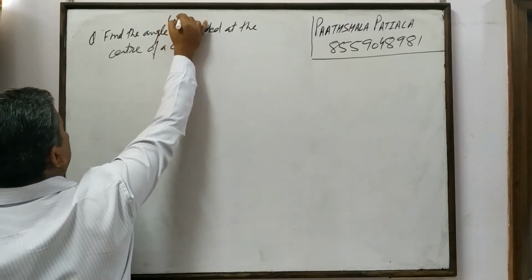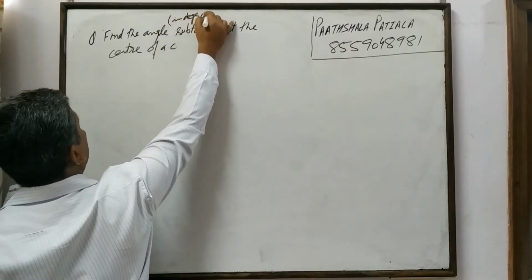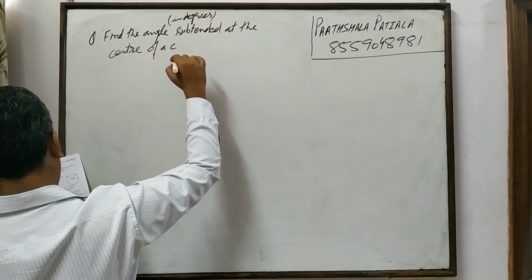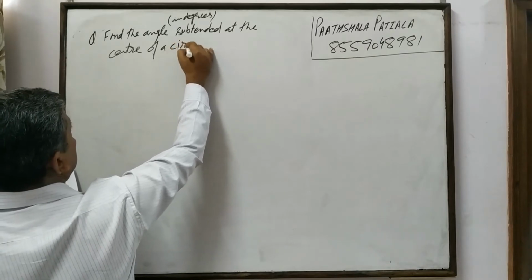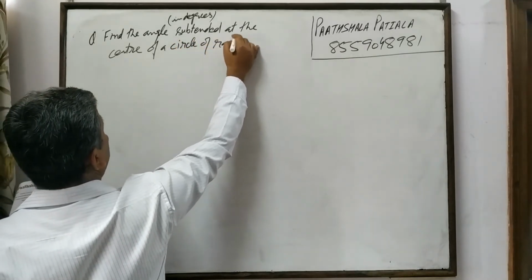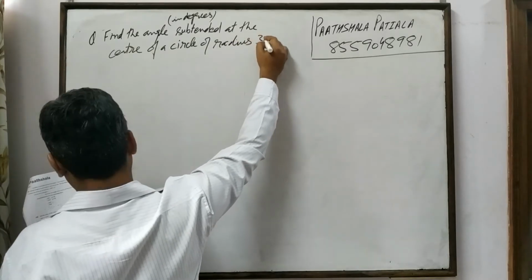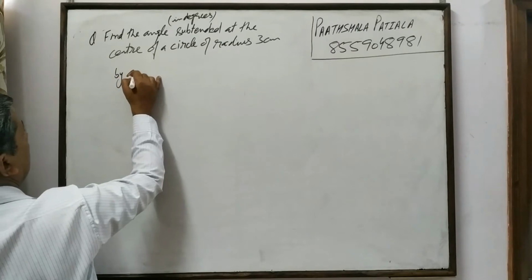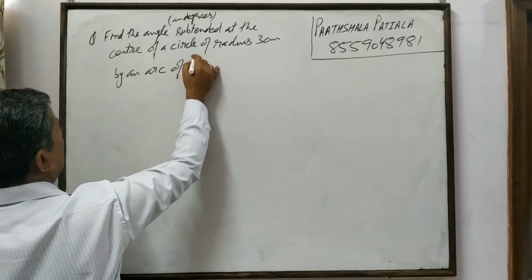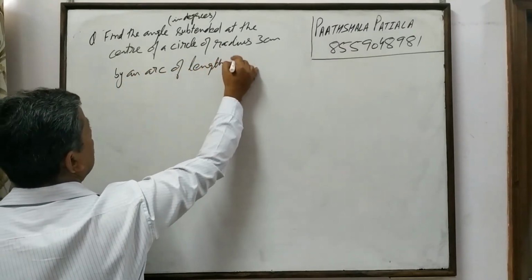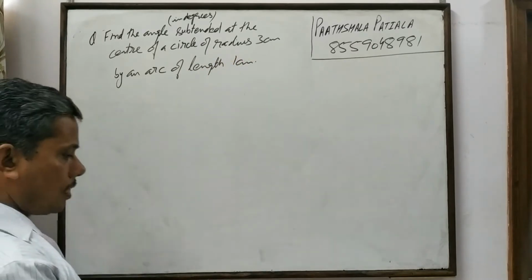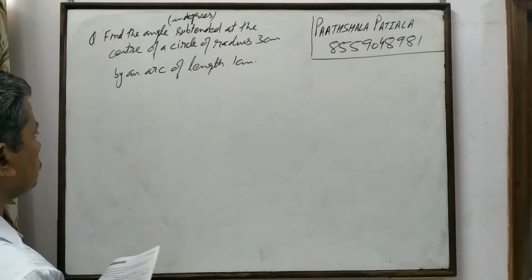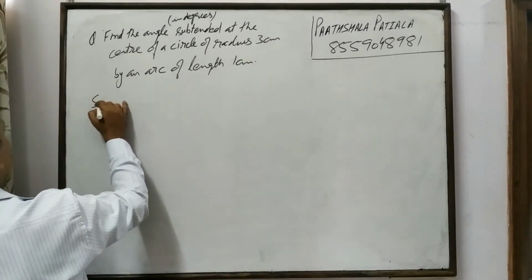You need to find the angle in degrees at the center of a circle of radius 3 centimeter by an arc of length 1 centimeter. So solution.